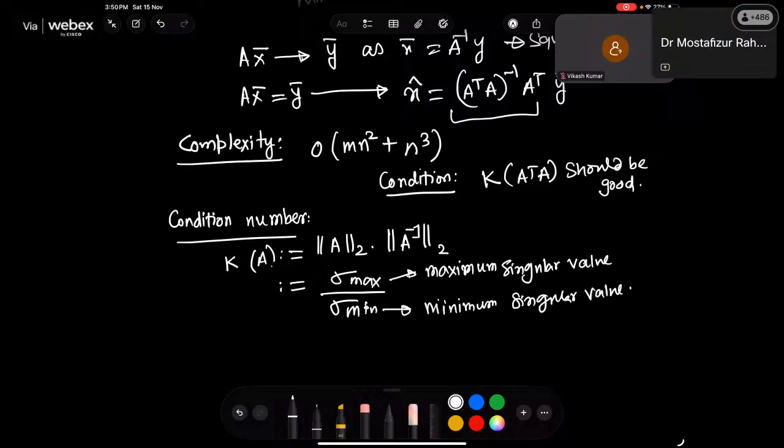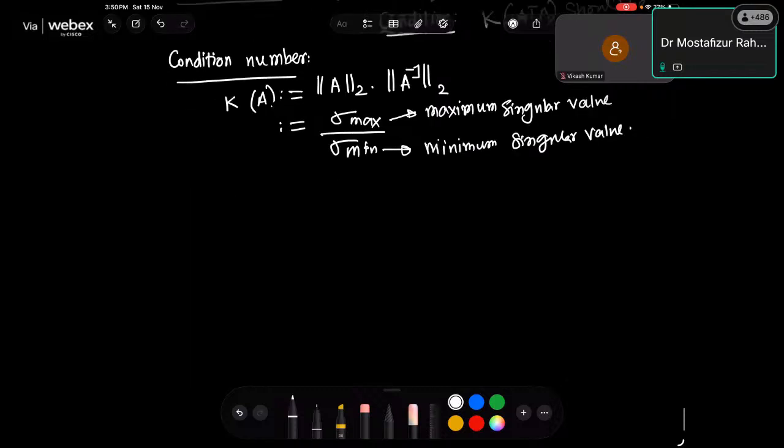And this is also defined as lambda max by lambda min. This is the maximum eigenvalue and this is the minimum eigenvalue, okay? Now what is eigenvalue, what is singular value, I'll come, no worry.